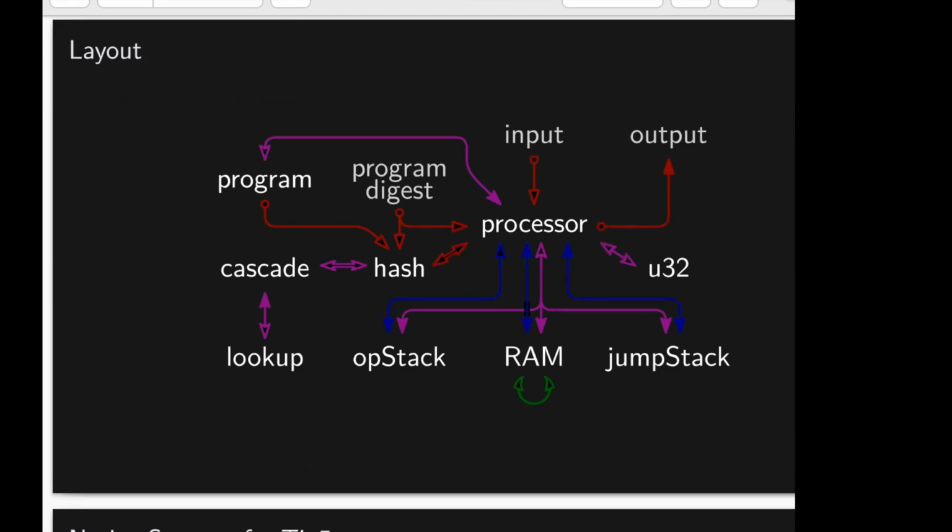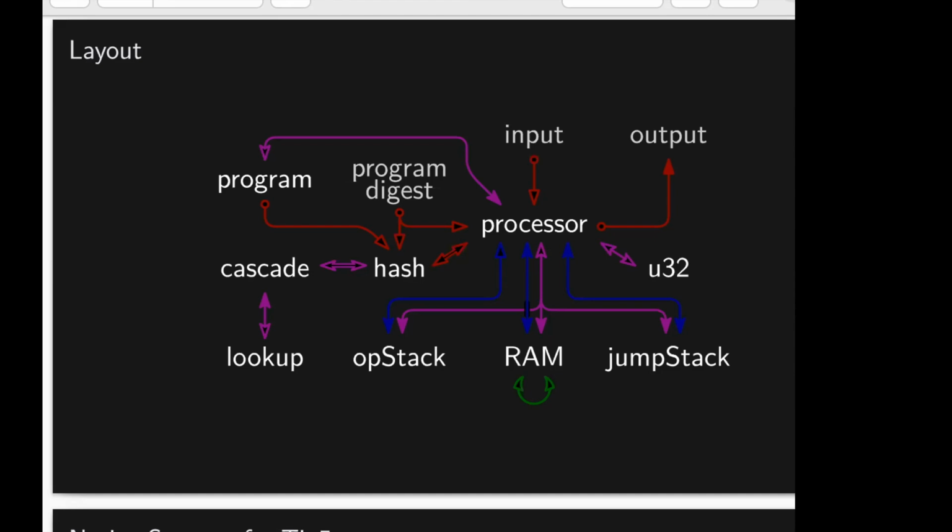I had a diagram earlier of a processor interacting with input, output, program, and RAM. Our diagram is a little more complex. We have input, yes, we have output. We also have a program, but as the verifier of a proof, you only see the program hash.